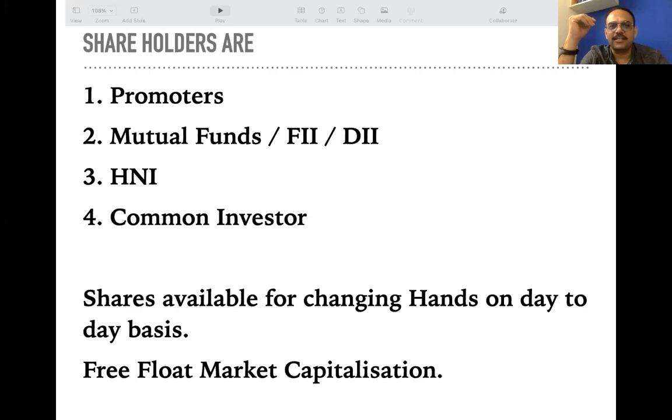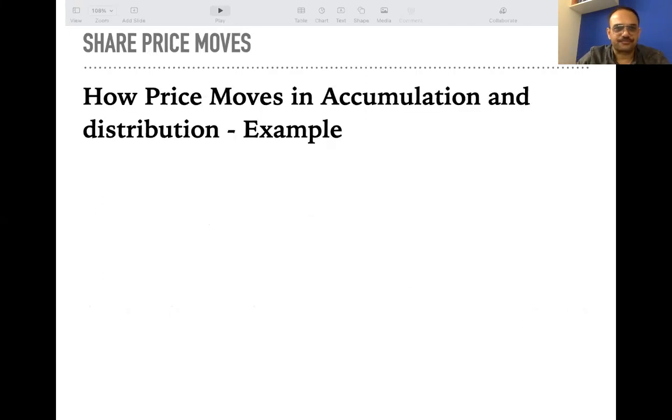HNI is high net worth individual, a rich person who is not going through an institution. He has his own company and is investing. FII is the foreign one, DII is the local one, and then common investors like you and me.